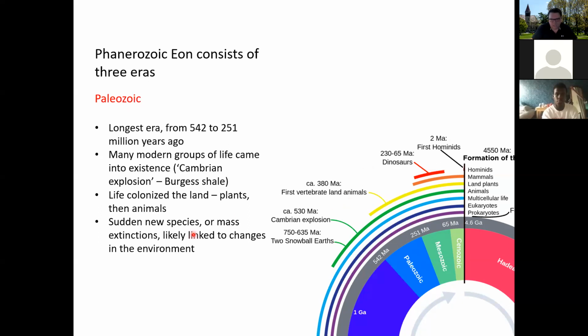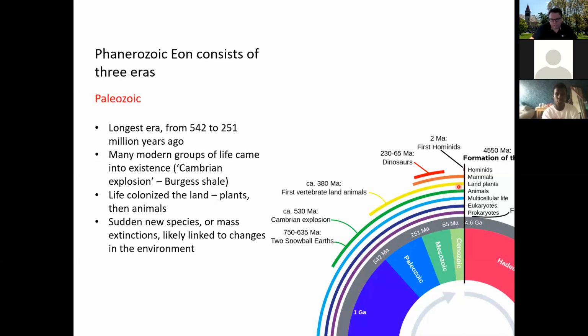One of the key things I want to highlight is that you notice I said something earlier. Maybe you didn't catch it, and maybe I didn't express its importance. I said that as we transitioned out of the snowball Earths, we saw the first radiation of animals, and that might seem complicated. I just presented to you, although I had a mental block on the age of the snowball Earths, that the snowball Earth made life really hard and probably led to major extinctions of simple prokaryotic and eukaryotic life forms during that time.